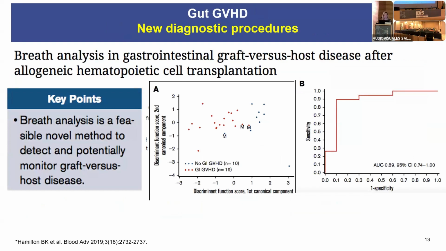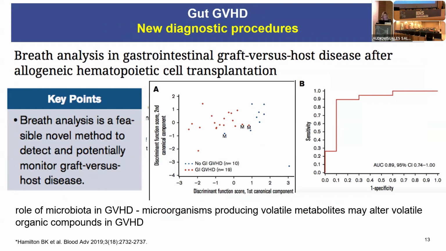There are also some other interesting attempts at diagnosing GvHD in another way. We are today very well aware of the role of microbiota, and there are some interesting things that can be done, but of course they are not in everyday use.